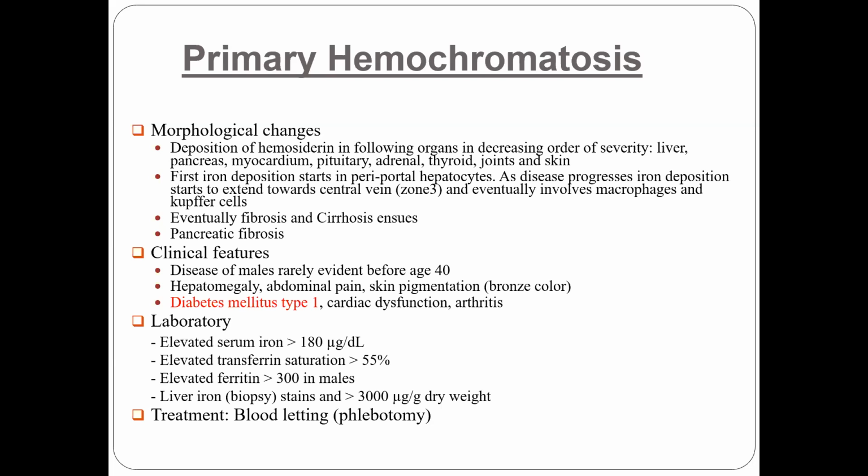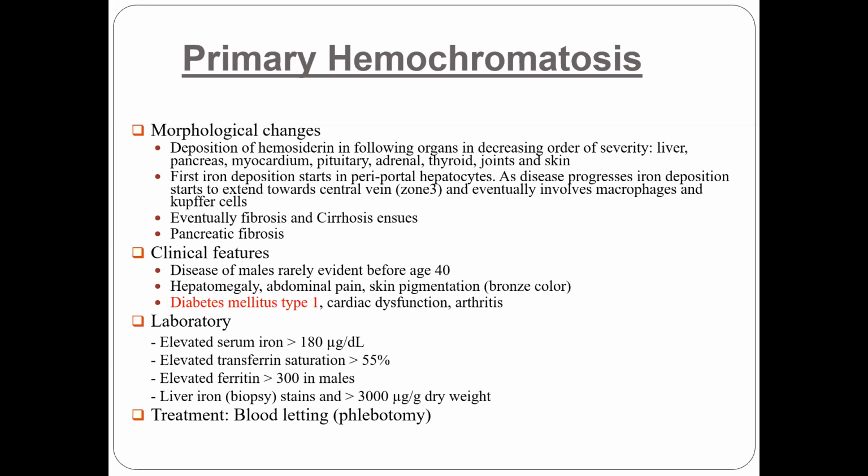So a tan in the skin. It may also get deposited in the liver, and when it gets deposited in the liver, like all toxic substances, it's going to result in destruction of liver cells and then regeneration of liver cells. That's going to result in cirrhosis of that liver affected with this process.